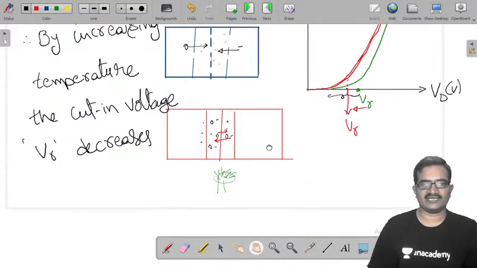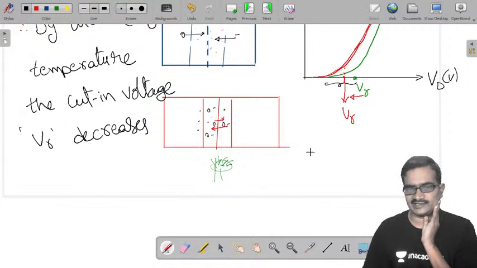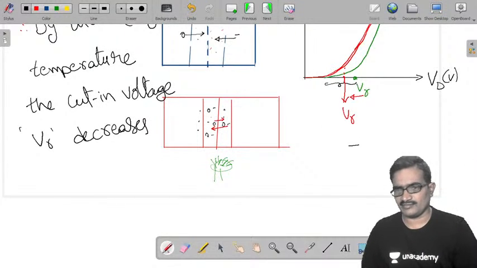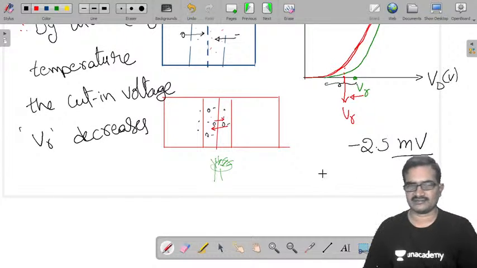From practical values, from experimental results, they calculated that the decrement is minus 2.5 millivolts per 1 degree centigrade rise in temperature. This is dVγ/dT.